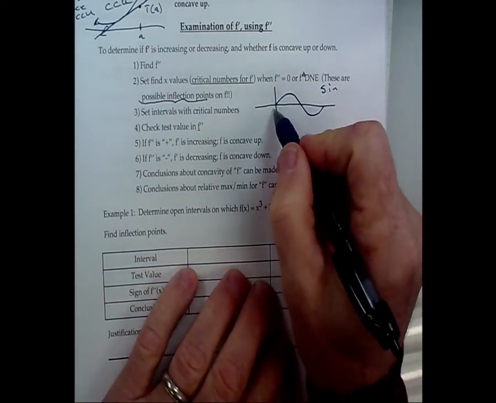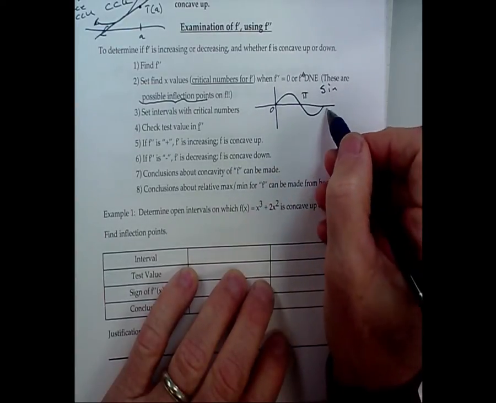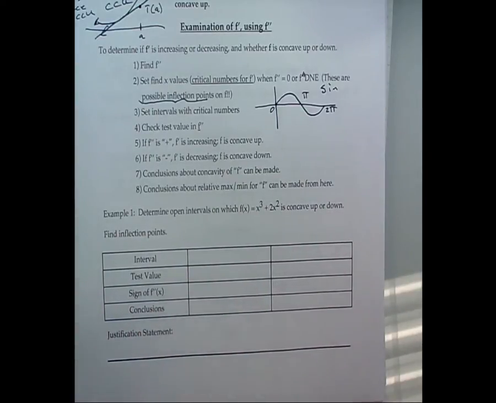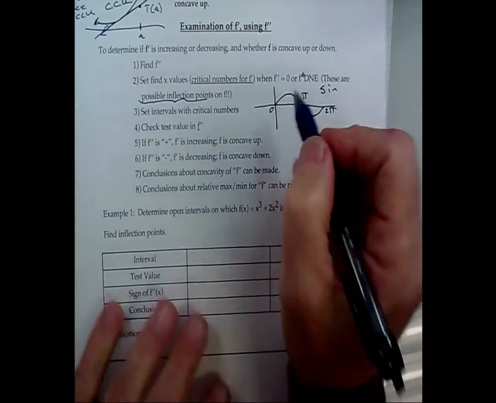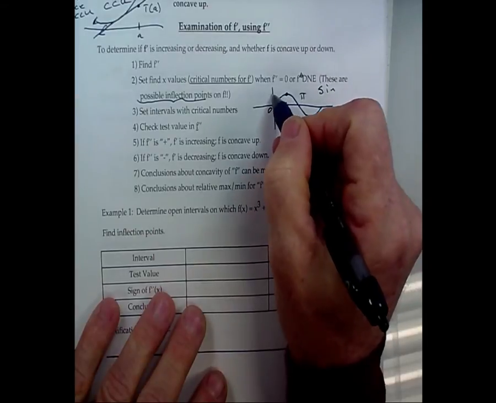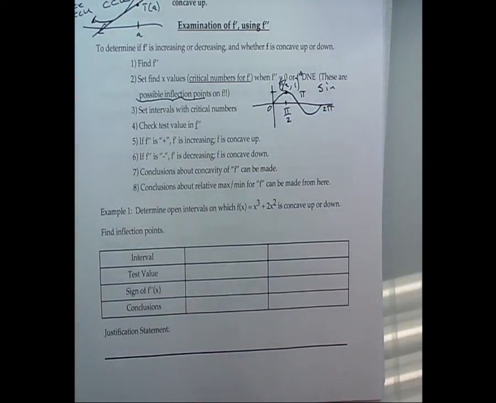This interval, here's from 0, here's pi, here's 2 pi. You saw that last year, right? This has a maximum here, pi over 2. Right here's my maximum number. It's pi over 2 comma 1, right?